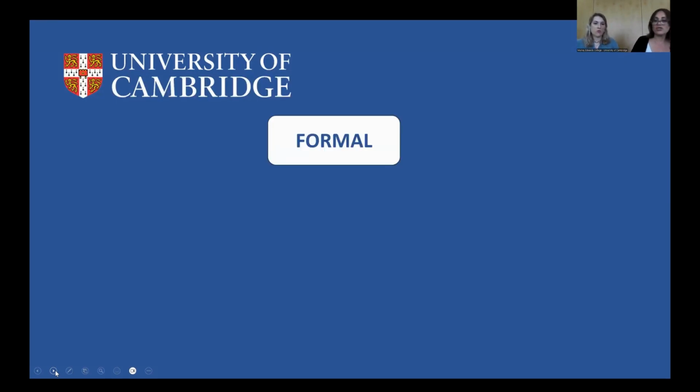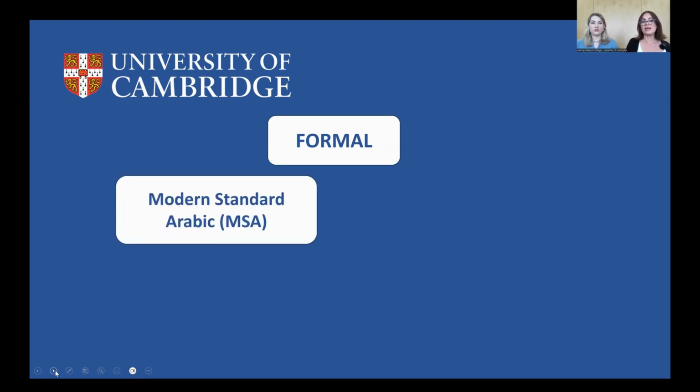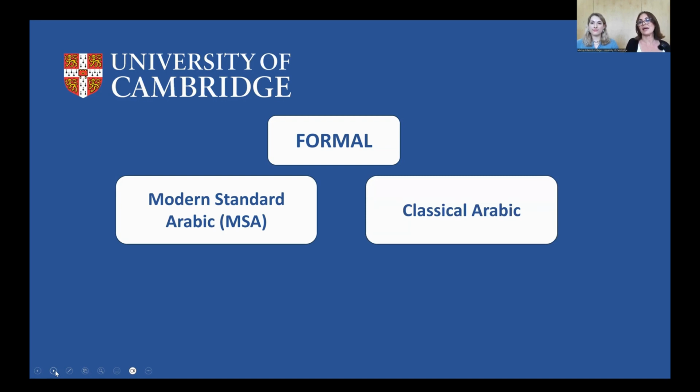Arabic has 2 registers, formal and spoken. The formal is split between Modern Standard Arabic and Classical Arabic. Classical Arabic, of course, is older than Modern Standard Arabic, as is understood from the name.